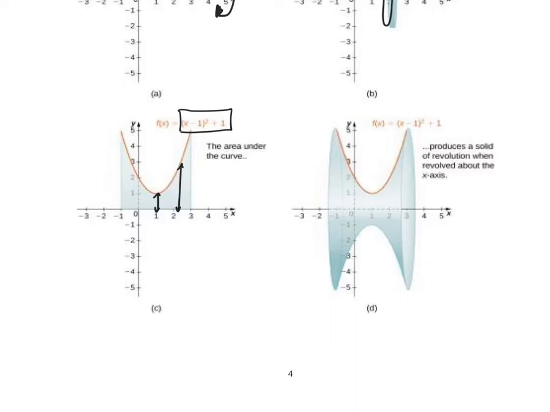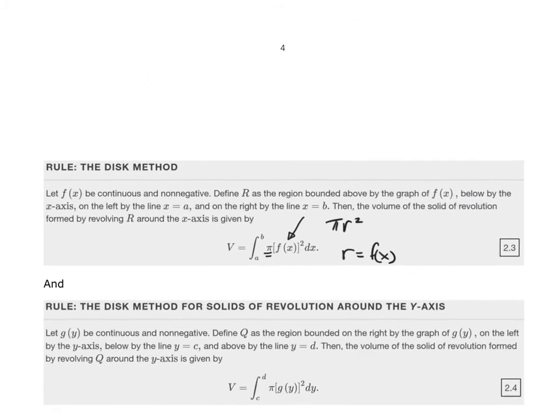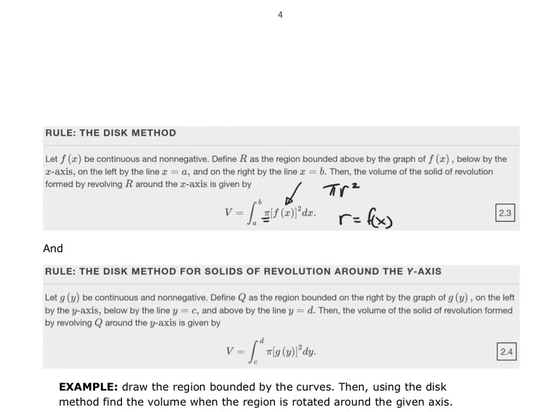Your radius of this circle here, or even this circle here, is going to be the distance from the x-axis to the function. In other words, your radius is the y value, but the y value is just the function. So with the disk or slicing method, depending on what you call it, your r happens to be your output, which is also the function.